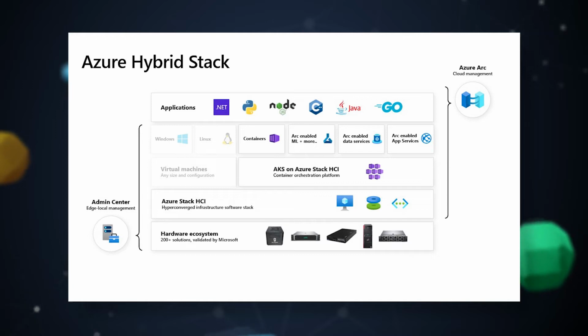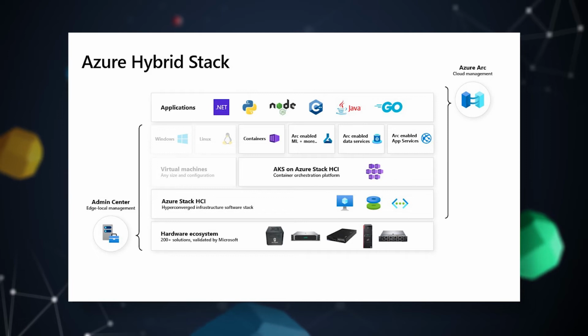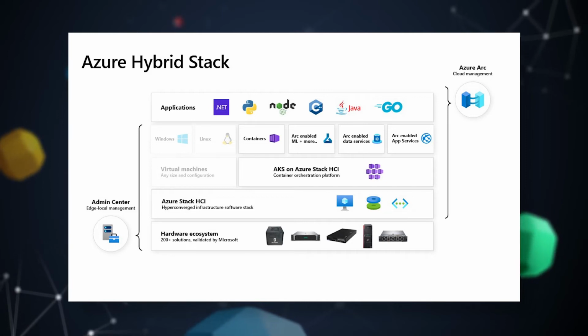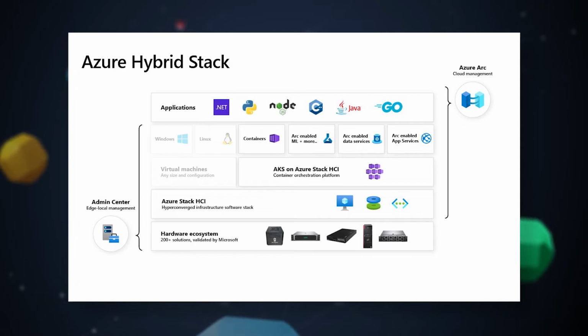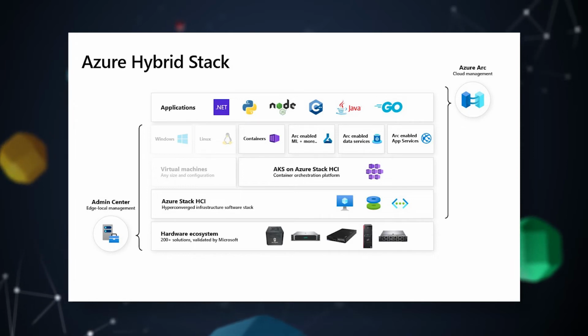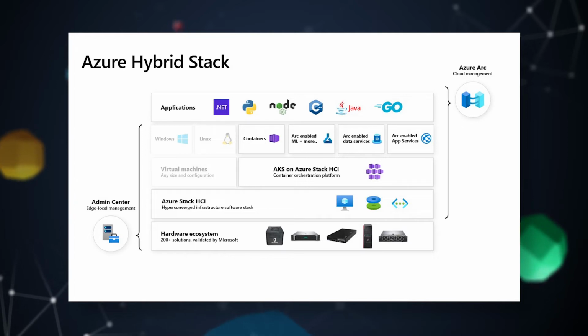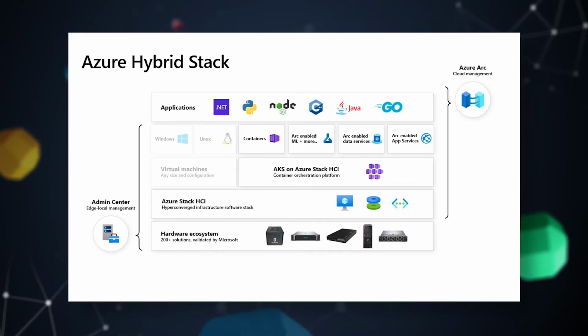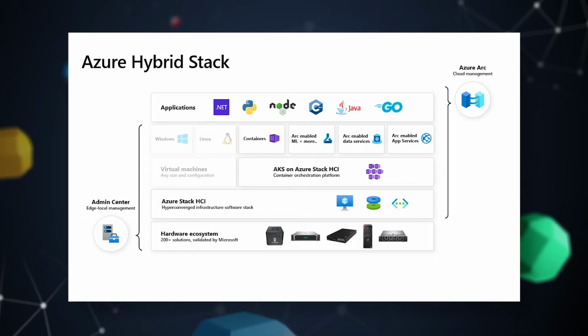Once you've laid that down, the next step is to deploy Arc-enabled data services on top of it. And typically, you would deploy this in a connected mode because Azure Stack HCI is always connected to the cloud. So as you see on AKS, there's the container platform that runs, as well as you can deploy Arc-enabled data services, Arc-enabled ML, and Arc-enabled application services.